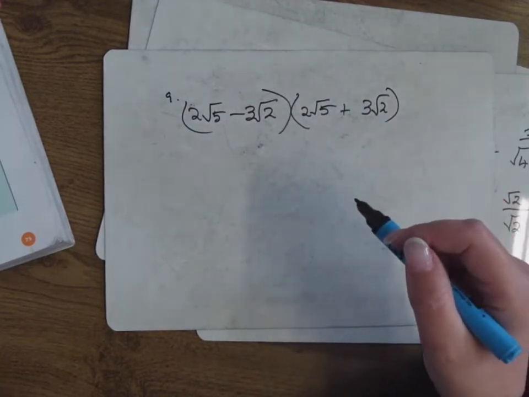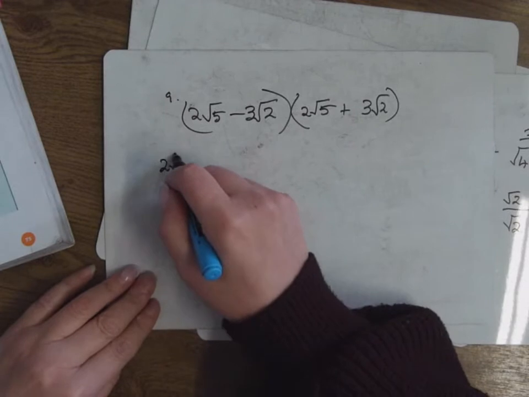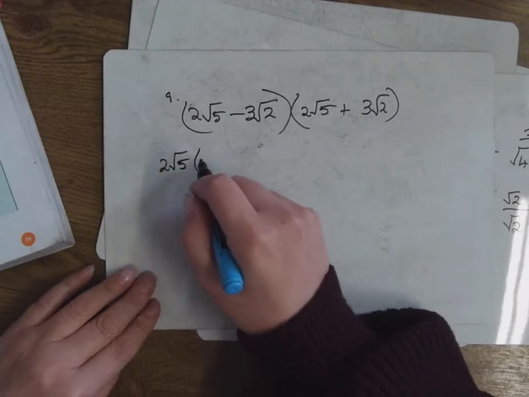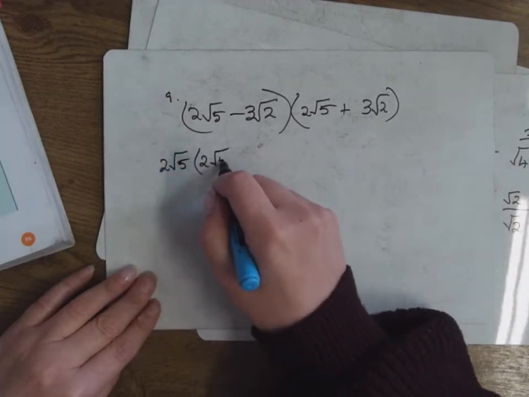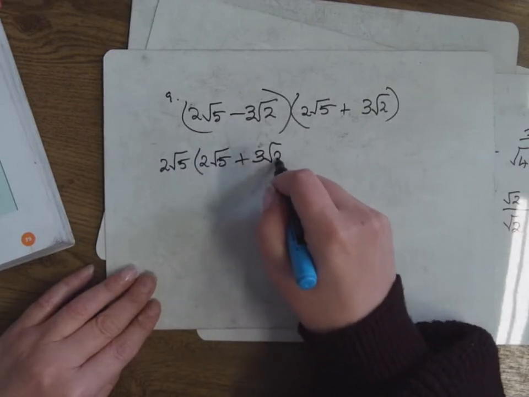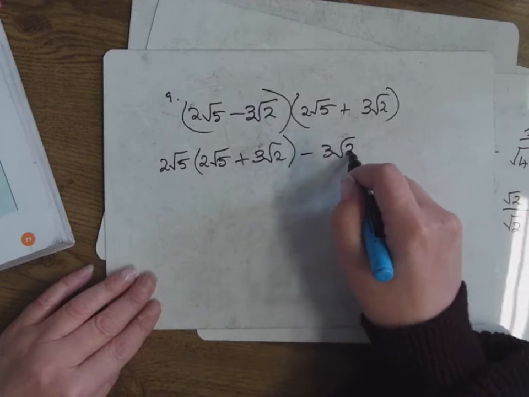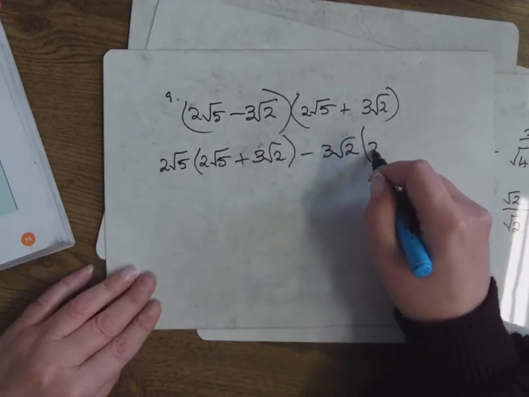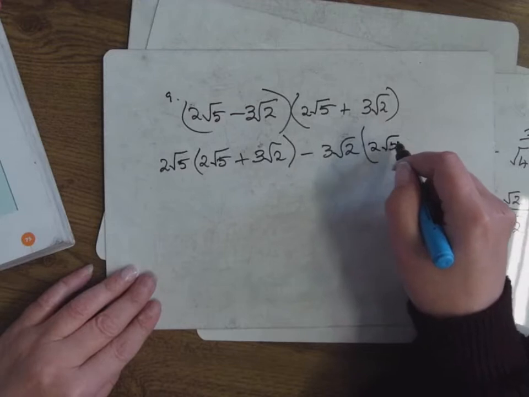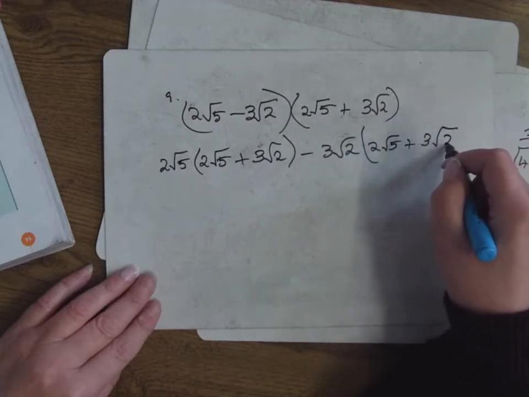So it's basically multiply them and show me the answer is 2. So split up the first bracket, 2 root 5 multiplied by the second bracket, 2 root 5 plus 3 root 2. Then the rest of the first bracket, minus 3 root 2 multiplied by 2 root 5 plus 3 root 2. So split up your first bracket, write your second bracket down twice.